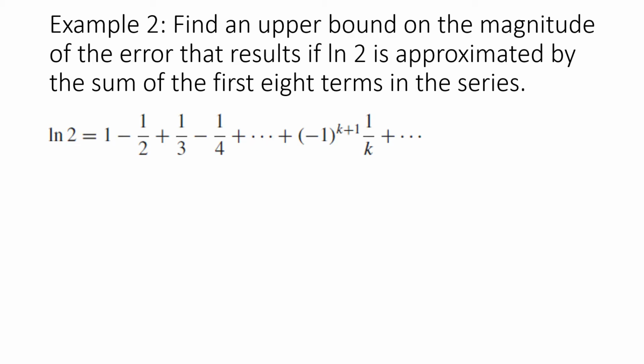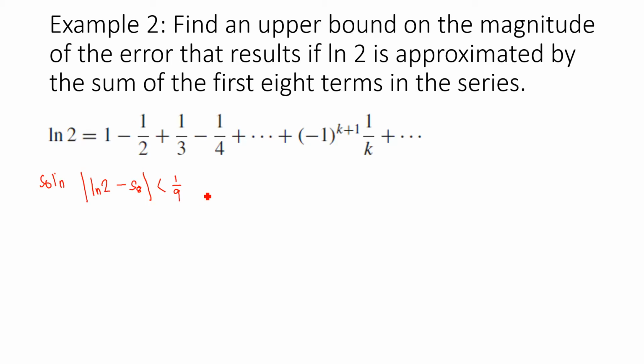Now in this case, from the theorem that we had in the previous discussion, we have the absolute value of the sum, which is the natural logarithm of 2, minus the sum of the first 8 terms in the series, so you have S sub 8, which is less than the next element after the eighth term of the series, that's equal to 1 over 9.